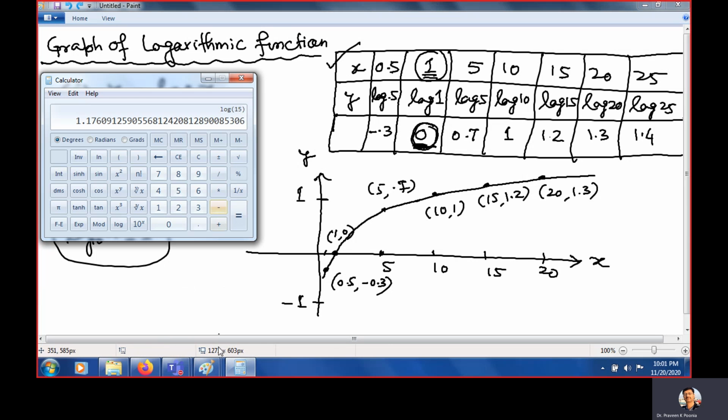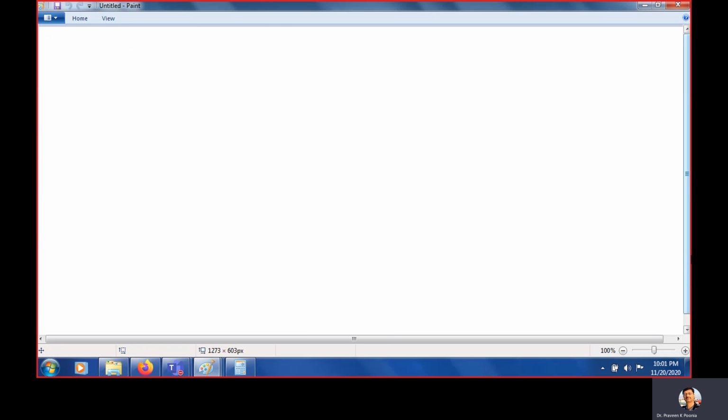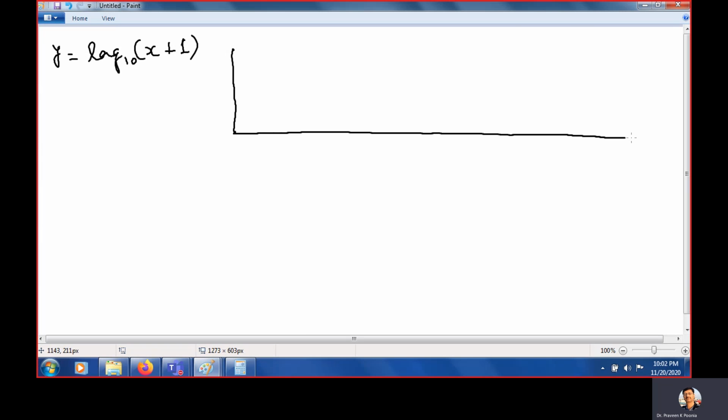Okay, so we will take another example. In this example, the same question, only I am choosing log of x plus 1 with base 10. No problem. Clear? So how are we going to do it? The graph is almost the same.